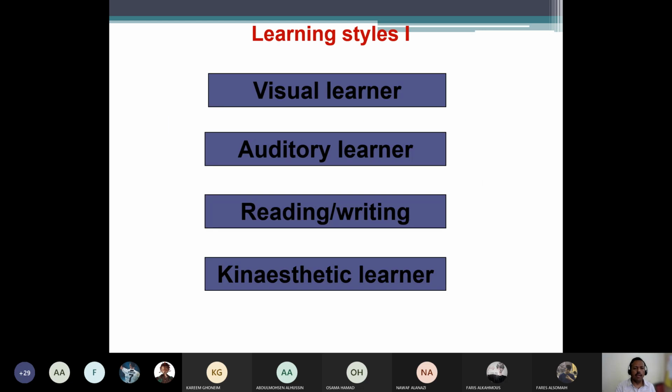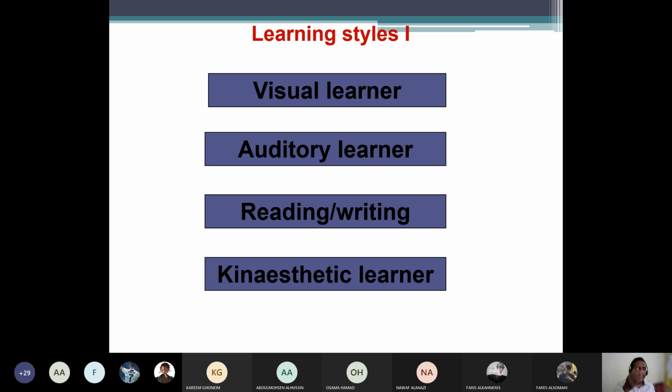As I told you, some learn by just seeing. They are called as visual learners. Visual means by eyes. They are reading it and they are remembering it for a long time. Auditory learners, those who learn by listening to the lecture or by audio tapes. Some learn by both together, reading and writing.